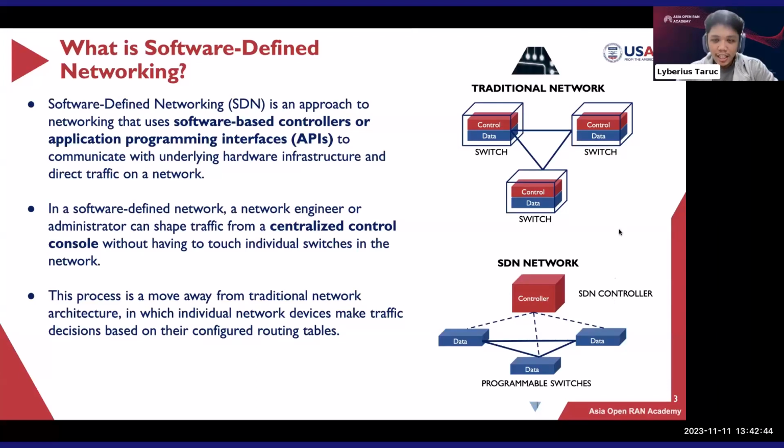Okay, so in a traditional network, meaning how we would be implementing an IP topology, normally it would consist of switches interconnected into a network, and we rely on the individual switches' configuration plane to set up the proper routing of packets.